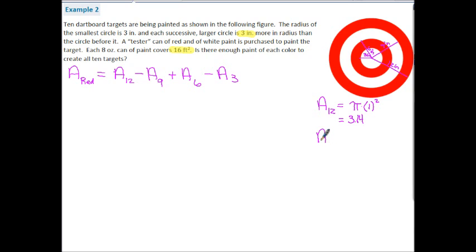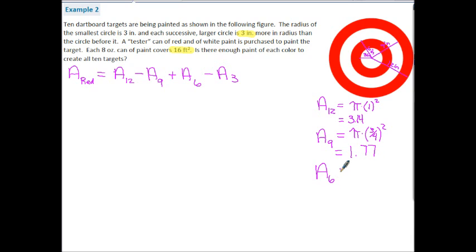For area of the circle with 9 inches. Now, 9 is actually going to come out to be 9 out of 12 because you would divide it by 12 since there are 12 inches in a foot. And 9/12 reduces to 3/4. So this would be pi times 3/4 squared. And that gives us an area of 1.77.